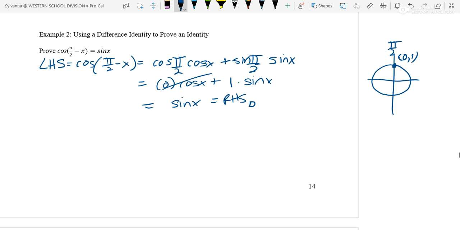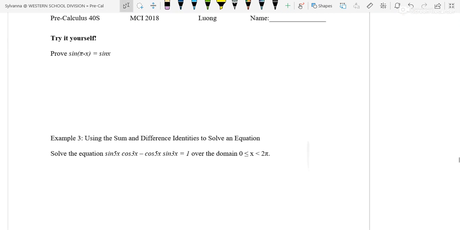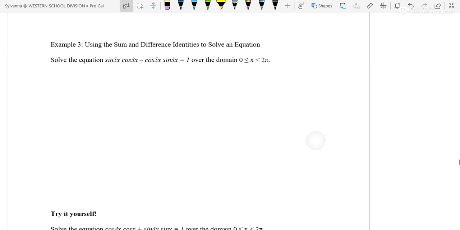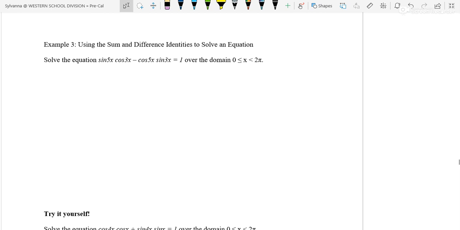Example 3. Now we have an equation, and we want to solve for x. As we can see, this can be simplified and reduced to just one trigonometric function. So if you look at our formulas, this would fall under sine of 5x minus 3x.